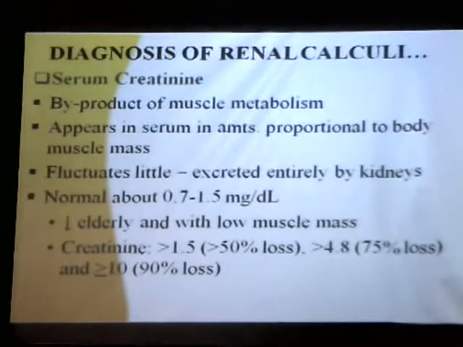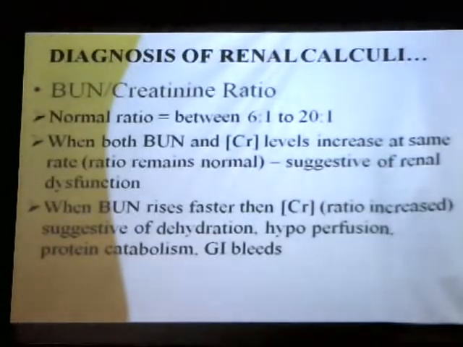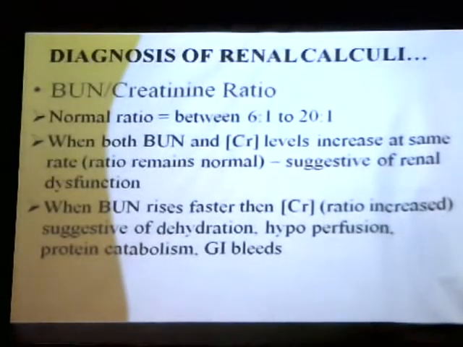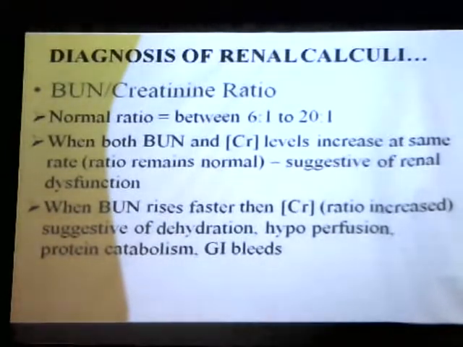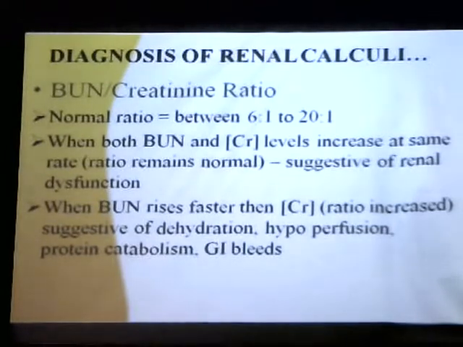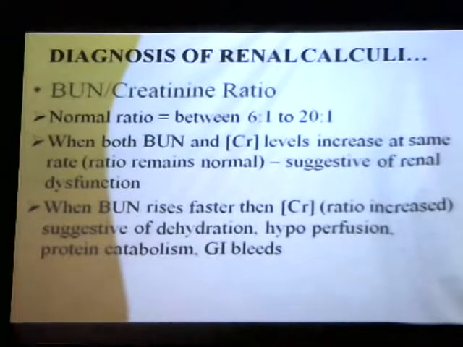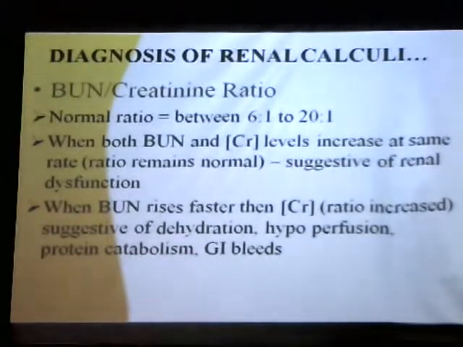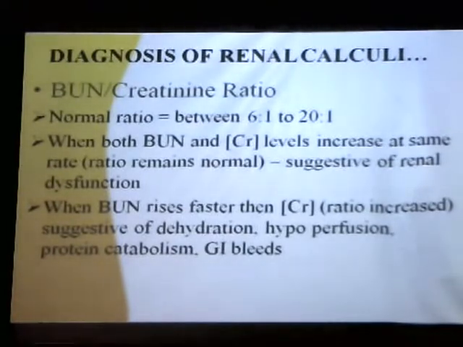We also understood the BUN creatinine ratio in the section on renal function tests, where the normal ratio lies between 6:1 and 20:1. When both BUN and creatinine increase at the same rate, the ratio usually remains normal, but it is still suggestive of renal dysfunction. So we need to look not only at the ratio but also at the individual values of BUN and creatinine.